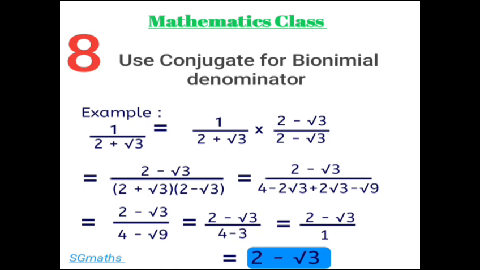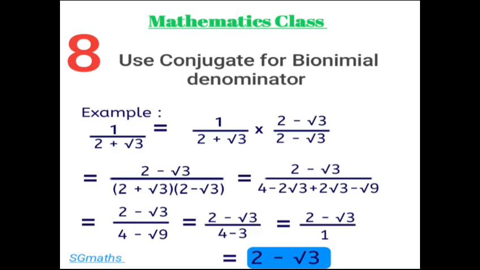And for you to rationalize this, you can see we have 2 plus root 3. Then it means that you take the conjugate of the denominator, which is 2 minus root 3. What you will do next is to multiply by your conjugate. You know, in a rationalization, you multiply the same thing to both the numerator and denominator.